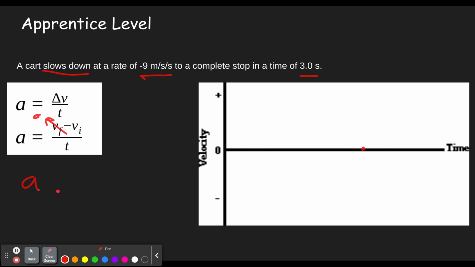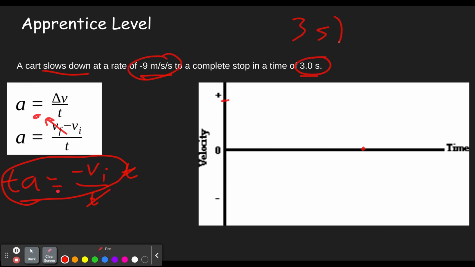Okay, so now we have A equals negative VI over T. All right, and if we want to solve for the initial velocity, so we know where to start up here, we have to multiply both sides by t. That'll cancel out the t's, and there's our equation, negative VI equals t times A. So we take t, which is 3 seconds, that's right here, and our acceleration right there.